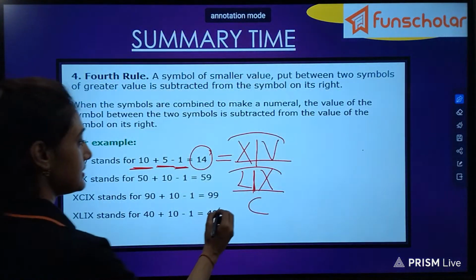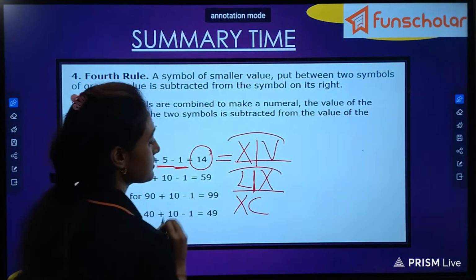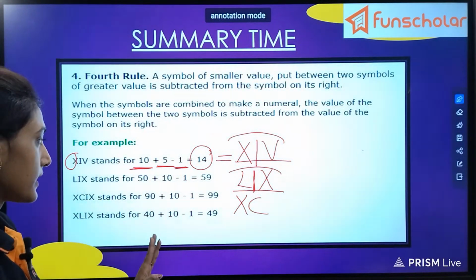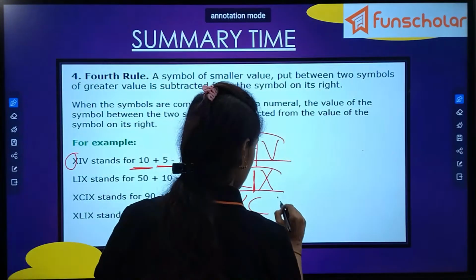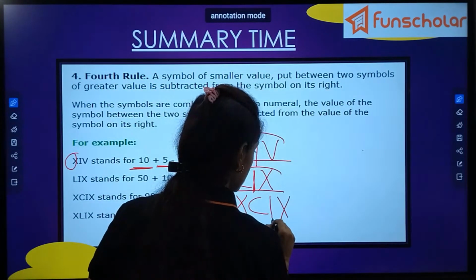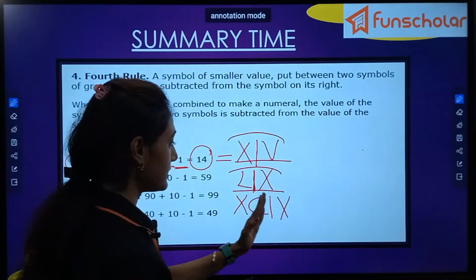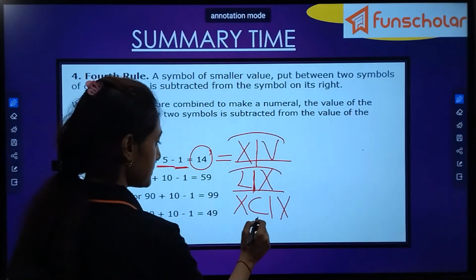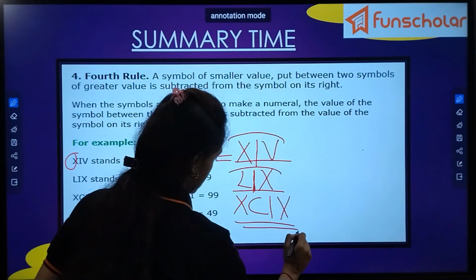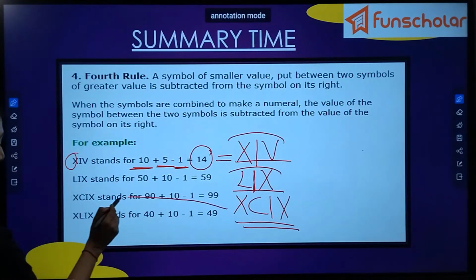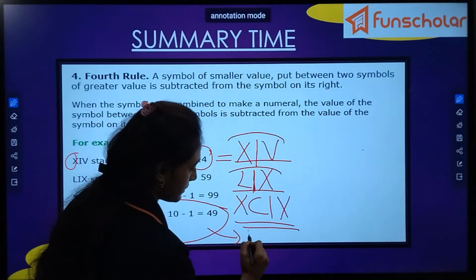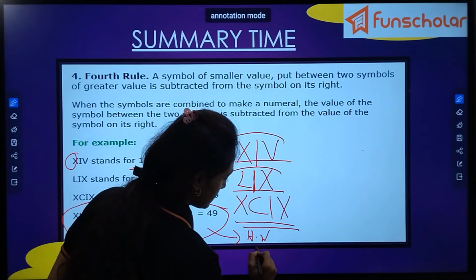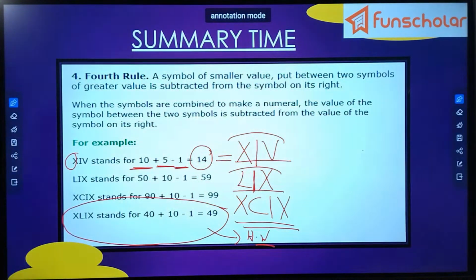To make it 90, you have to write X on the left side. And to make 9, you have to just minus 1 from 10 again. So it becomes 99. Similarly, I hope you can do 49 yourself. Homework.